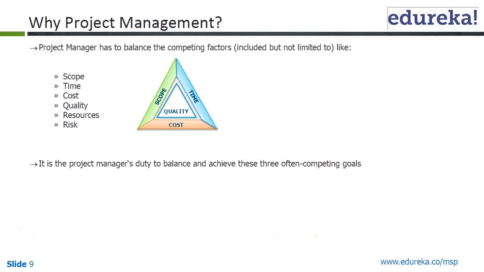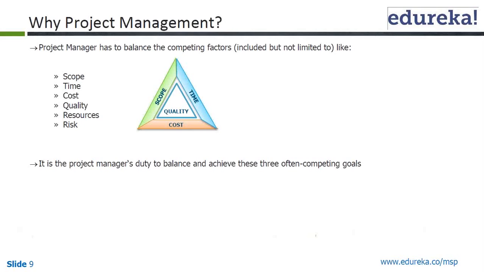Getting the new resource may, based on the importance of the resource to the project, impact your time and schedule. Once it impacts your schedule, it may impact your cost also. It also increases the risk. So you can see any single change in a given project will impact other variables, other factors.